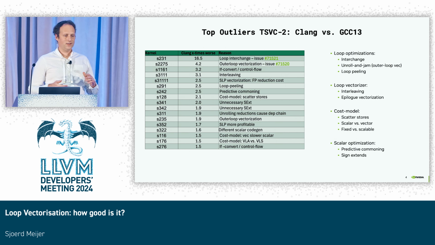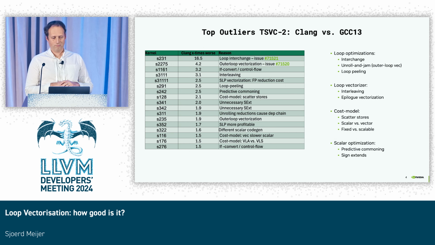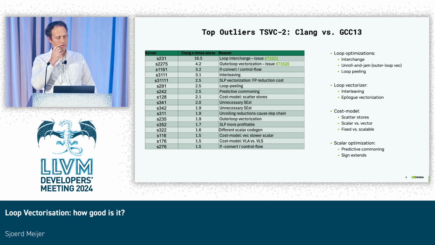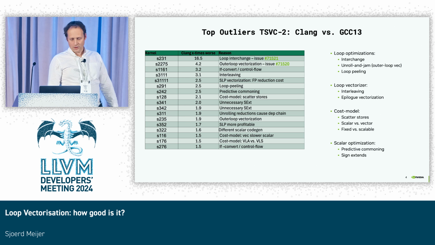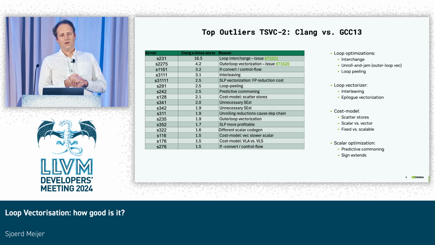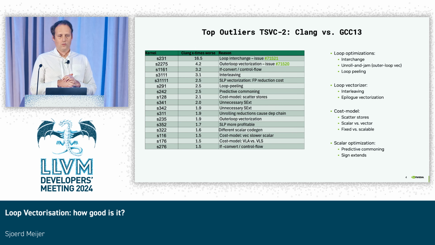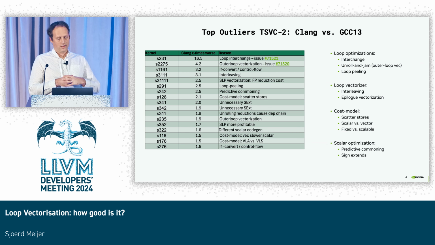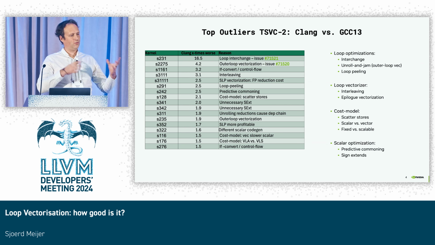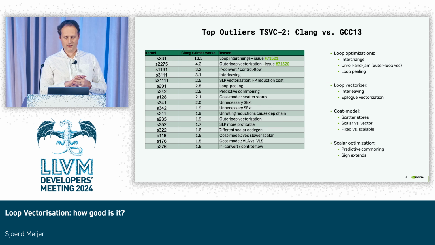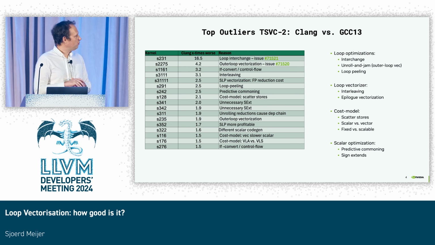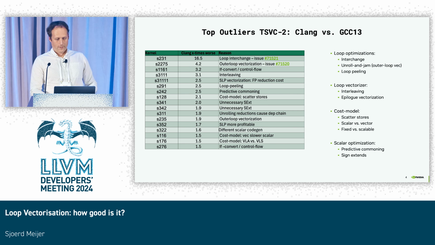If we try to cluster this a little bit, then we see a class of problems related to loop optimizations. So we're not interchanging. We are not doing outer-loop vectorization. One way to achieve that would be enabling unroll-and-jam followed by SLP vectorization. We're not doing that. Loop peeling needed to be taught a few tricks.